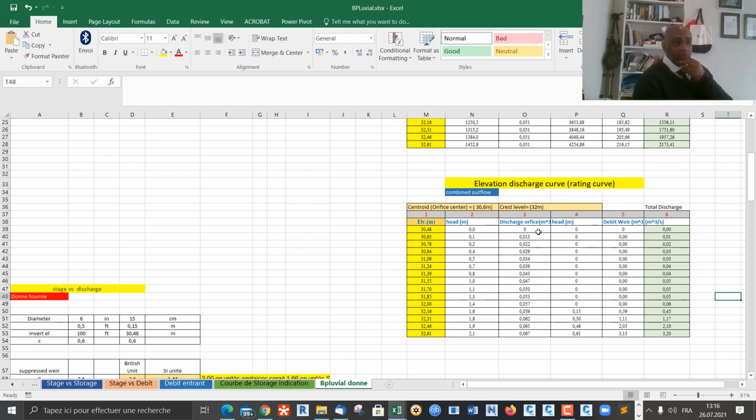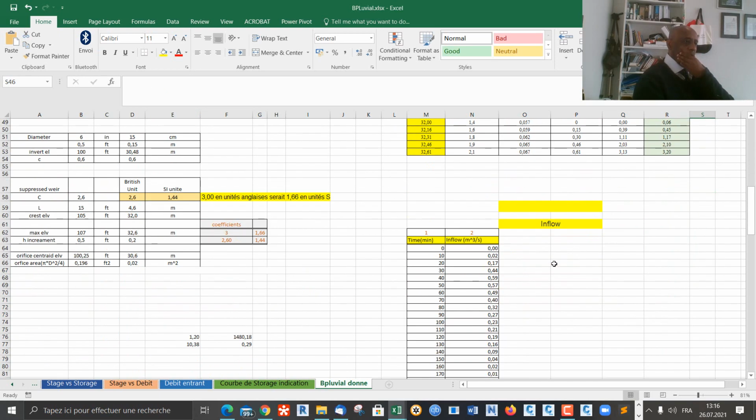That's the combined outflow of the orifice and the discharge of the weir. That is it.